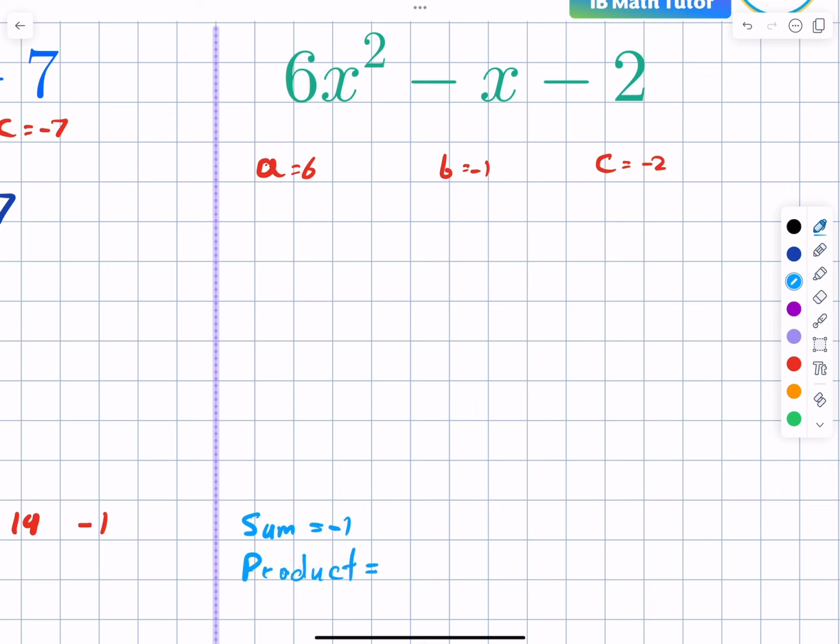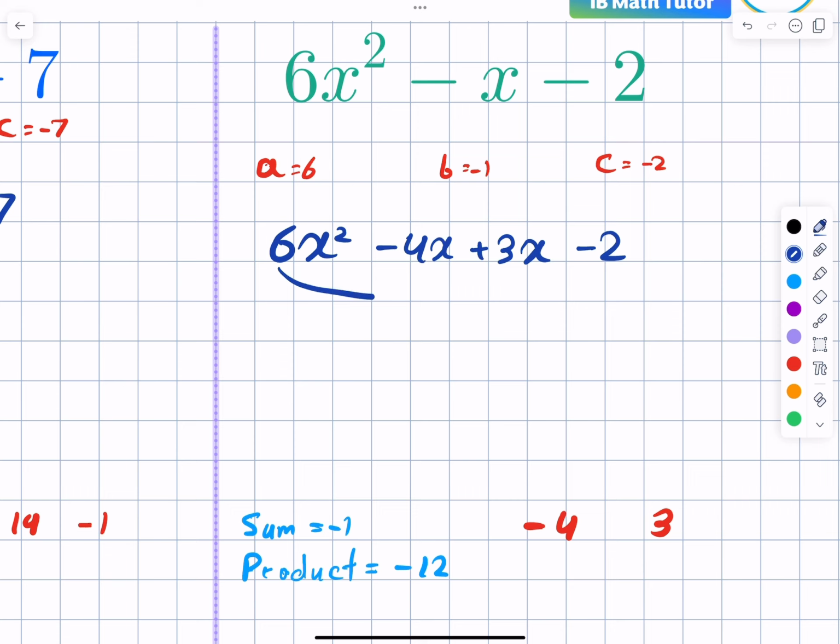So 6 times negative 2, which is negative 12. The two numbers are negative 4 and positive 3. So we will write 6x squared. Now this term can be written as minus 4x plus 3x. And then we have negative 2.